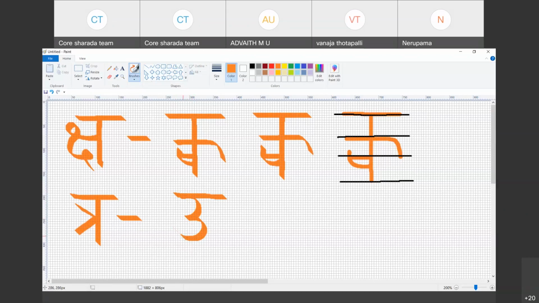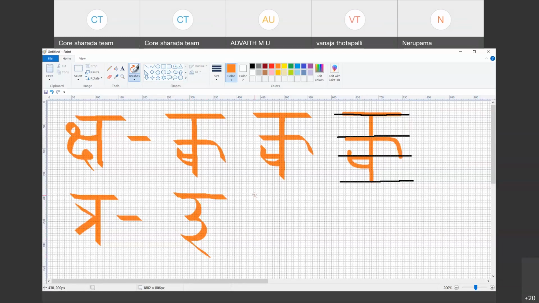We will not extend this line further here. And from this end point, where you stopped, from the same point, you will extend one line here like this. Okay, so this becomes Tra. Tra is a combination of Ta and Ra. So this is how we represent this in Sharda.